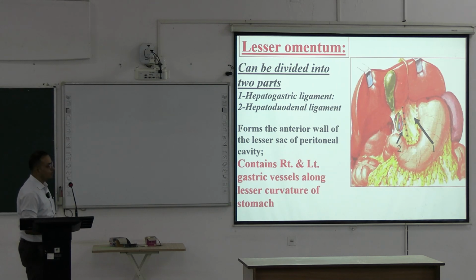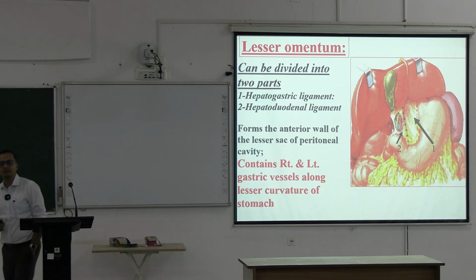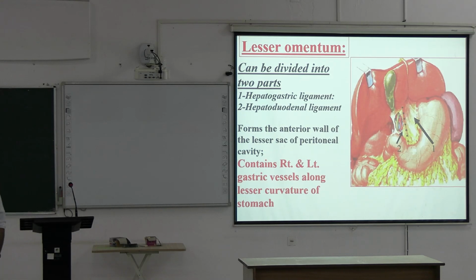And a part of the lesser omentum falls from the under surface of the liver to the first part of the duodenum. We call it the hepatoduodenal ligament part of the lesser omentum, and this is important. Again, this is a very delicate region conceptually. If you understand these things, it is easy for us to go on to the rest of the things.